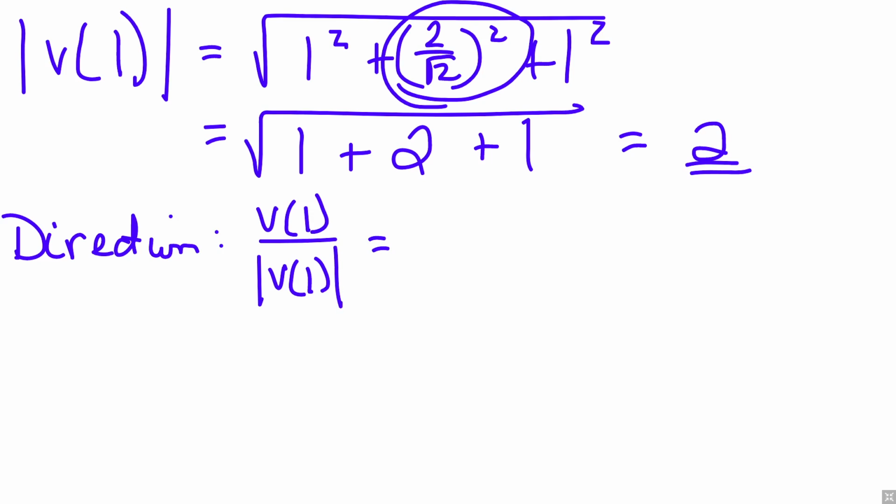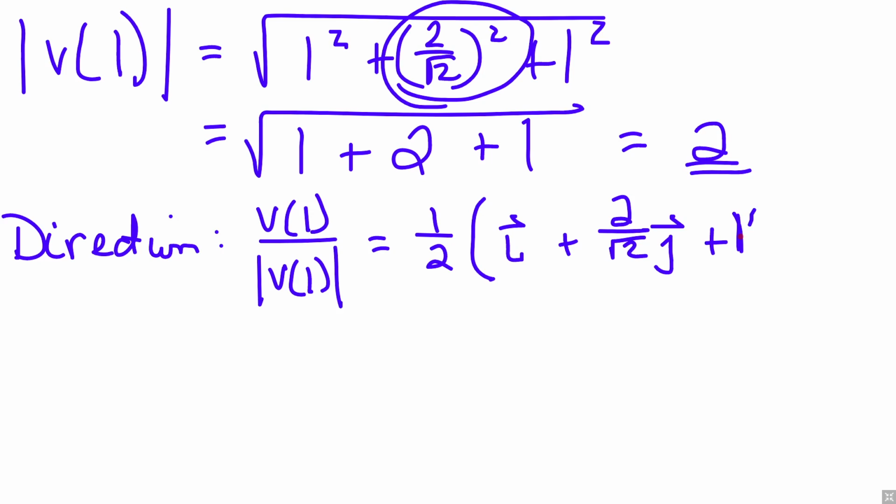Okay, so we found the speed to be 2, and then the velocity vector is 1 in the i direction plus 2 over the square root of 2 in the j direction plus 1 in the k direction. Any questions?